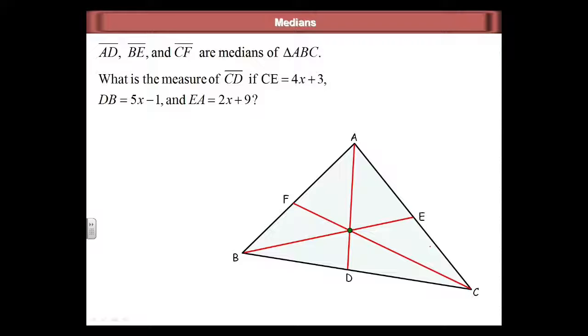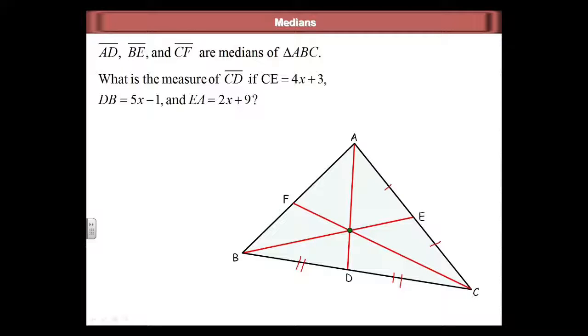So I know that CE is going to be congruent to EA because since this is the median, the sides are cut in half. I know that DB is going to be congruent to CD because the medians cut the outer edge or the perimeter, they cut each of the sides in half.